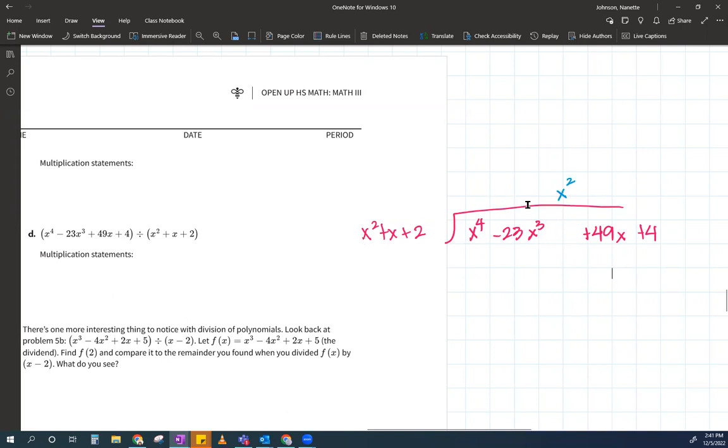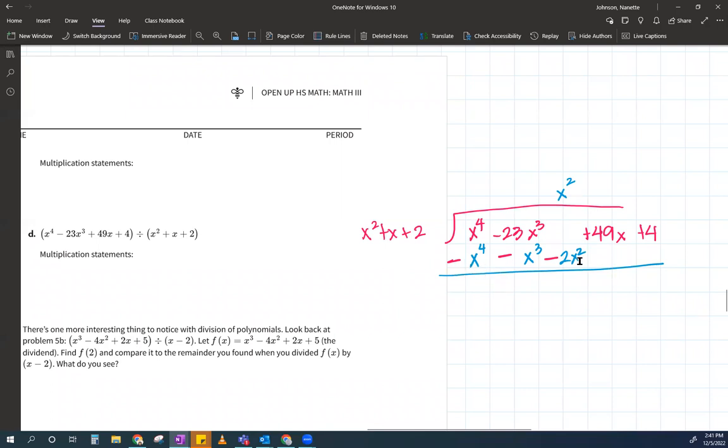And then I'm going to do the same thing that I did before, which is multiply out. So I'm going to multiply here. And I go x to the fourth, x cubed, and then plus 2x squared. Right? And then I'm going to go through and I'm going to change my signs. If it's positive, now it's negative. It's negative, now it's positive.